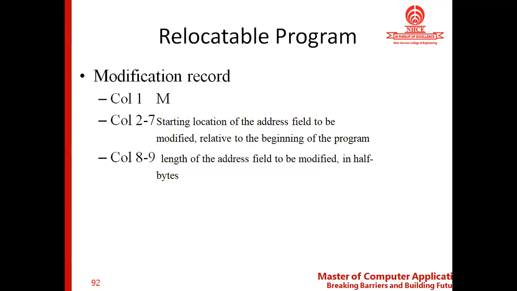So from the beginning of the program, what is the address where exactly the changes are to be done. And the third column is the length of the address field which needs to be modified, in half bytes. This information is kept in the modification record so that it will be used later at the time of loading the program.